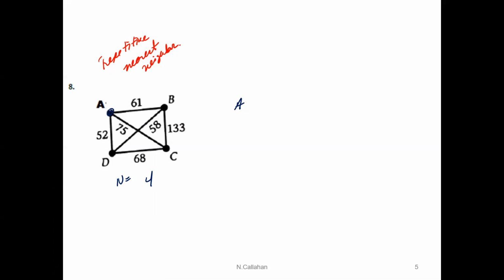Okay, so our first one, let's start off with A. The closest route in this situation is either AB, AD, or AC. As I look into this, I can see that probably AD will be best because it's 52. From AD, I can go to B or to C. So I'm going to go to B because 58.